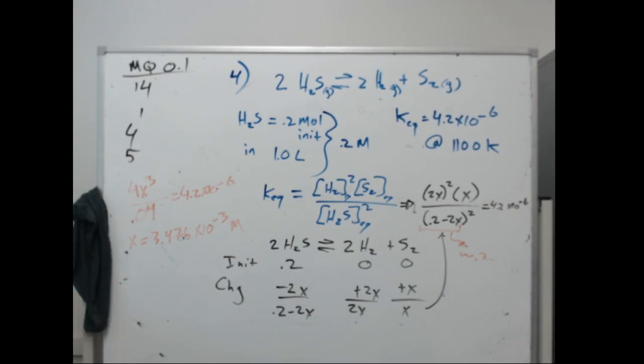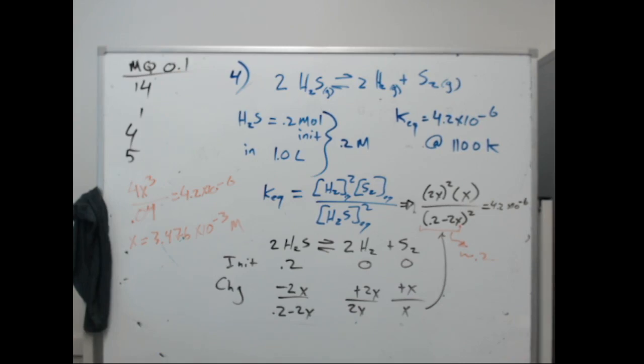So the easy way to check, in this class, depending on who you talk to, you just have a guideline for how much error you can tolerate. Some people are like 1% error is all I can tolerate. Some say 5% error. I'm like 10% error is fine, right? So as long as my approximate x is less than 1/10 of my initial concentration, that 0.2, close enough.